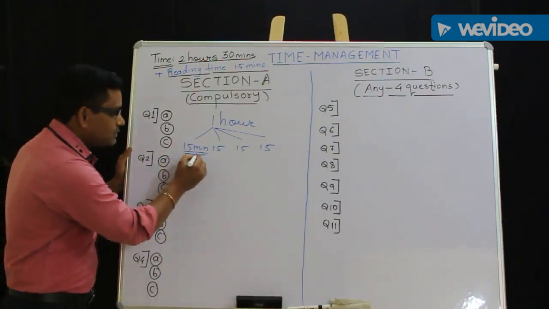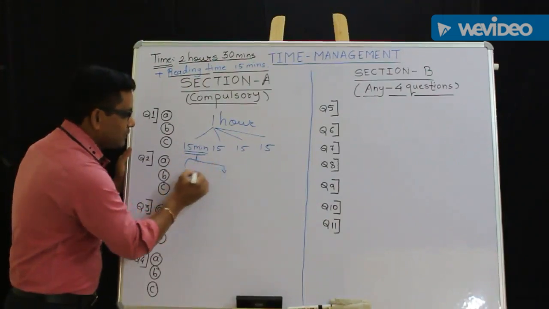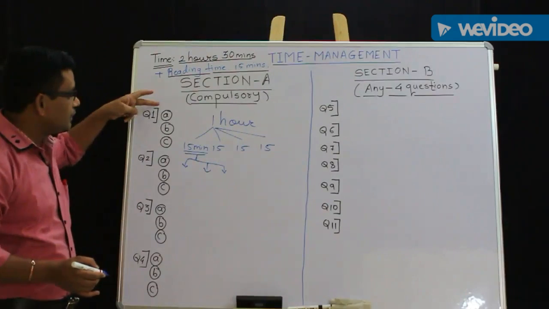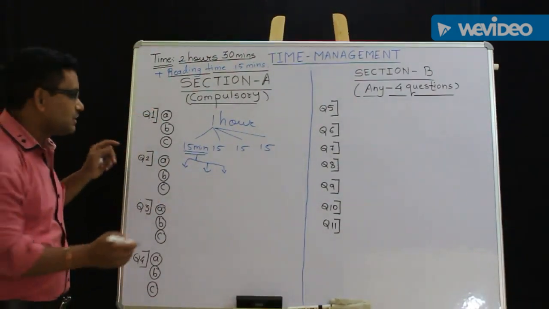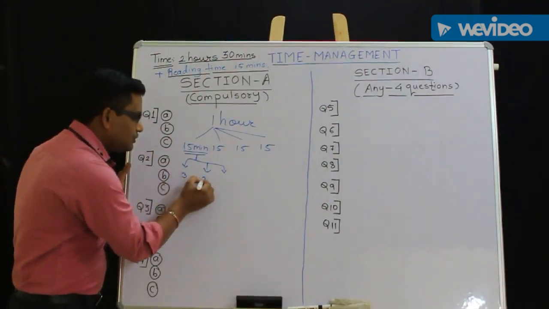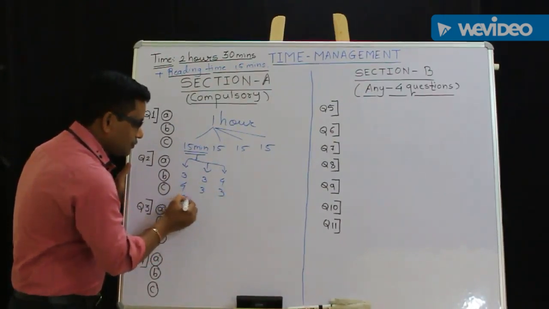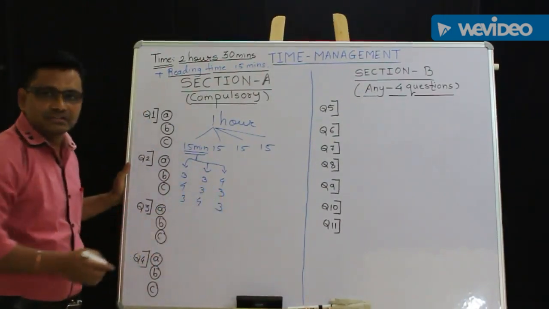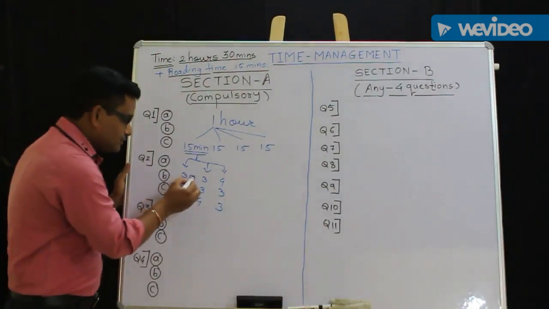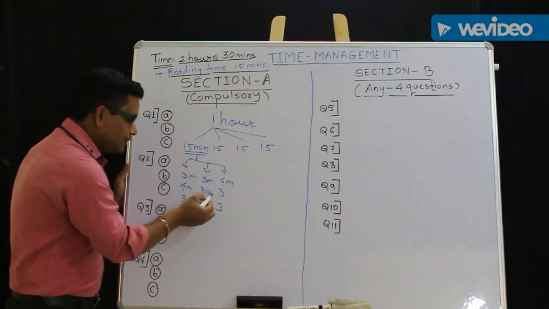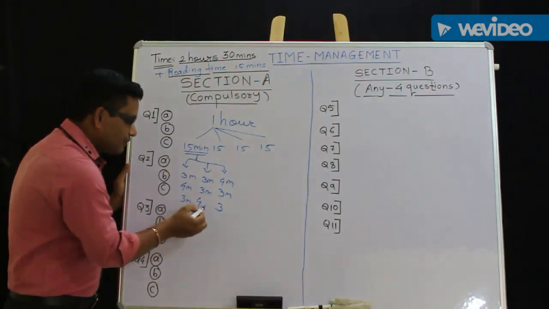Now this 15 minutes we can divide further into 3 parts. As we know, each question has parts A, B, C, with either a 3-3-4 or 4-3-3 or 3-4-3 pattern of marks.